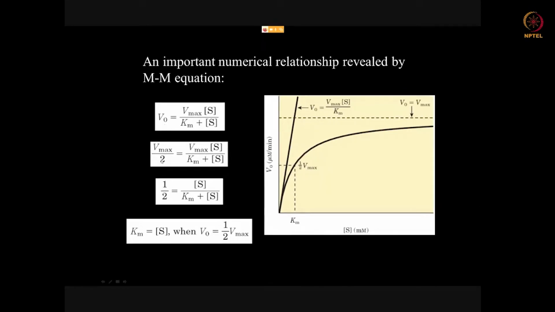So if V0 equals half of Vmax, and you substitute that value here, then if you cancel these two, you are going to find that half equals S by Km plus S, so that eventually tells you that Km is actually S, right?